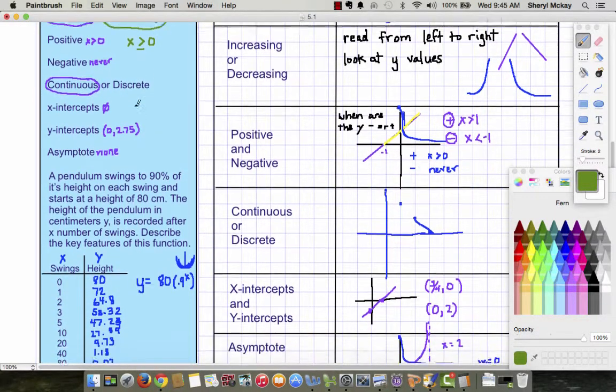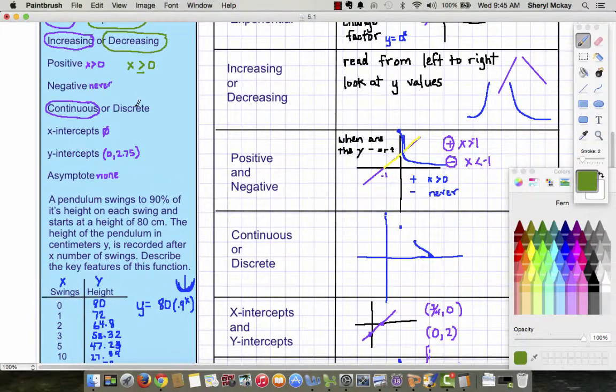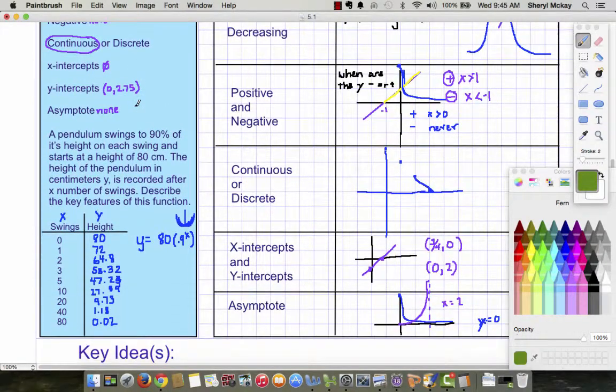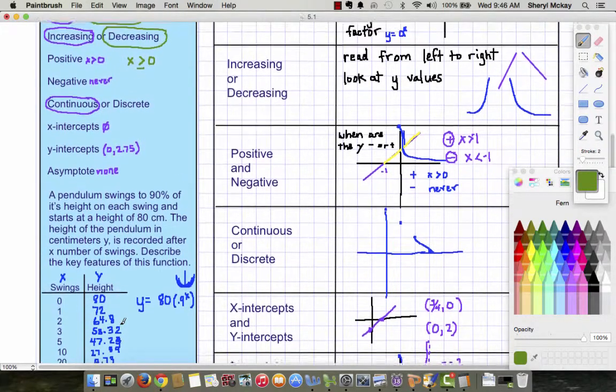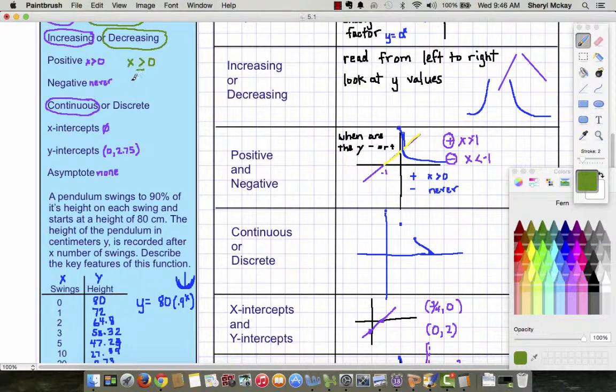All right, and then let's take a look. Is it ever negative? It's never going to be negative. Think about this. At 80 swings, it's at 0.02 centimeters. If we take 90% of that, it's going to get smaller and smaller, but it will never, ever become negative. So this one again is never negative, just like our linear was.